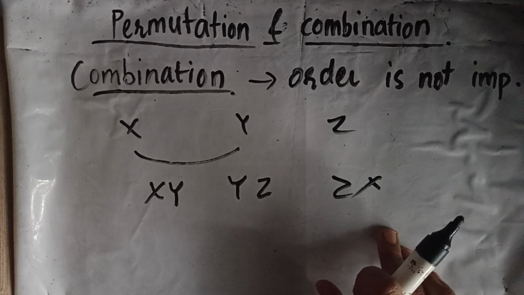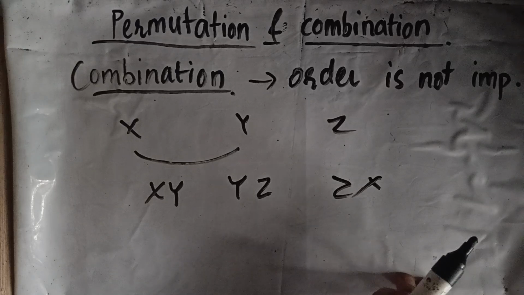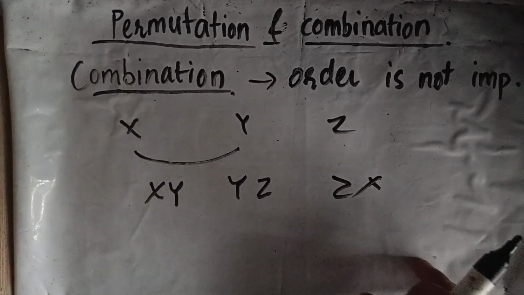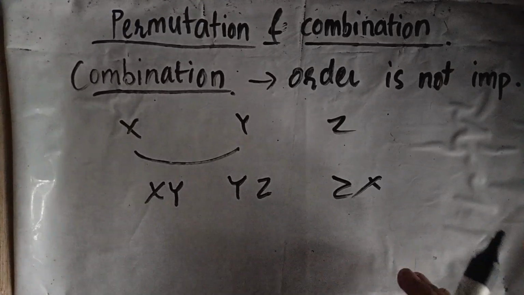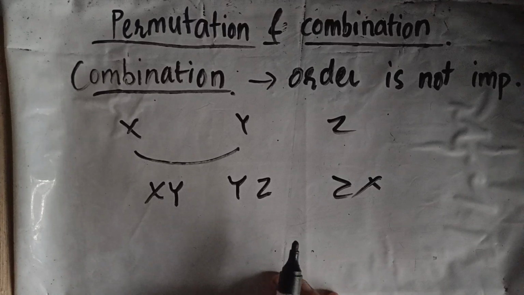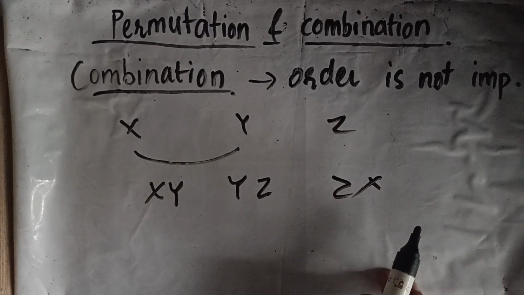So next example is 12 persons are there in a room and each shakes hand with all the others. So 2 persons are shaking hands with each other, right? And 12 different people are there. So 12 different things taken two at a time.